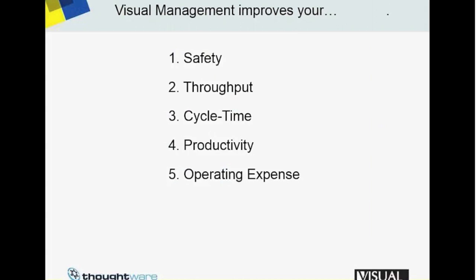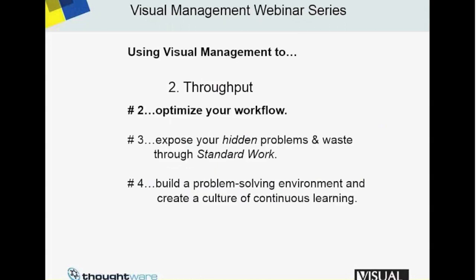Always keep in mind the ultimate objective, performance improvement in the order of safety, throughput, cycle time, or inventory, productivity, and operating expense. In our next module, we'll look at visual management as a method to optimize the workflow to fulfill customer demand. We'll look at visual management to begin to identify and remove disruptions to that flow.